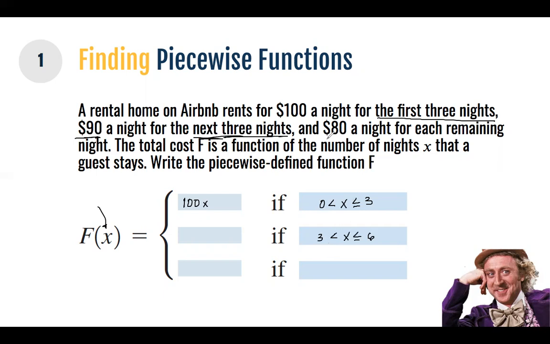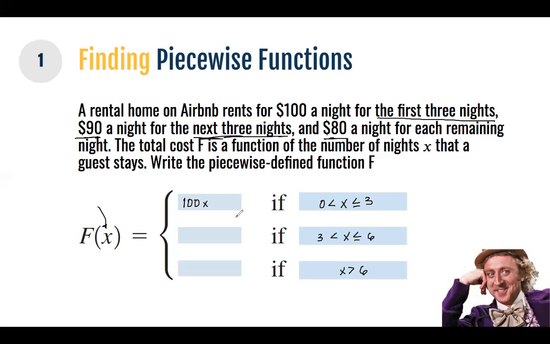And the rest, $80 a night, is going to be for each of the remaining nights. After 6, you can stay as long as you want, but you're just going to get a rent of $80 a night. So X has to be greater than 6. There's no limit. We just know that beyond 6, we're going to be charged $80 a night.